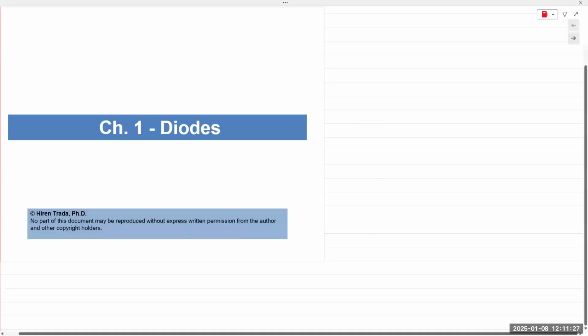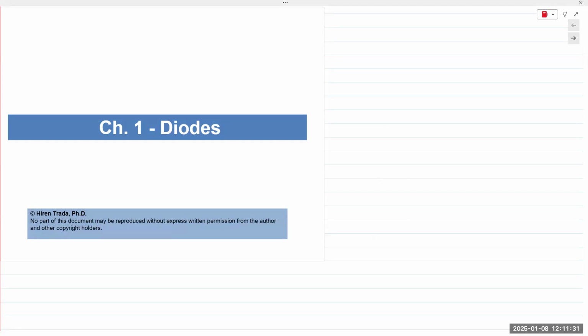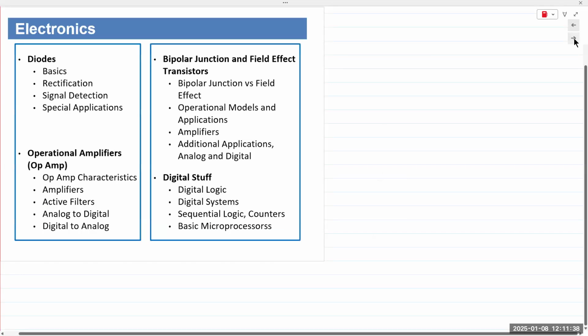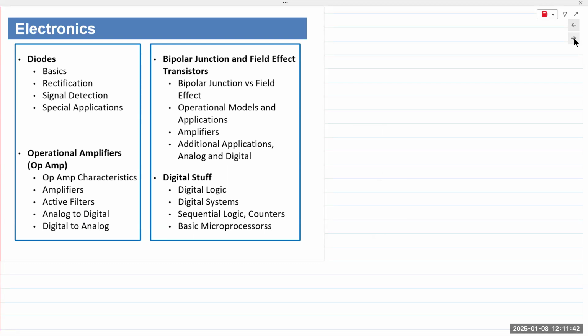Key differences between circuit analysis and electronic circuit analysis. So far, in 201, you looked at linear circuit elements such as resistors, capacitors, inductors, right?